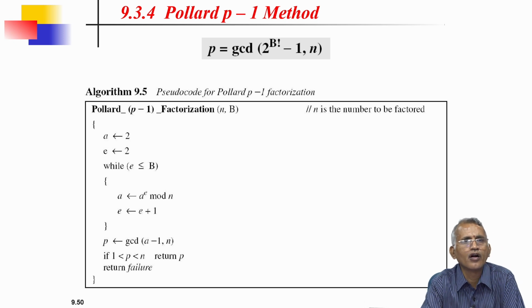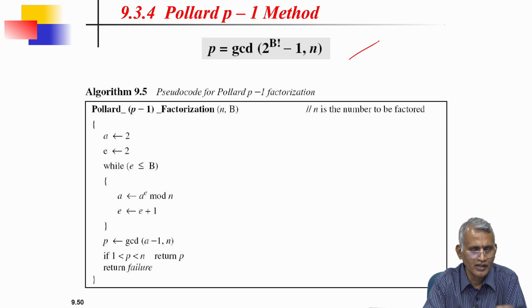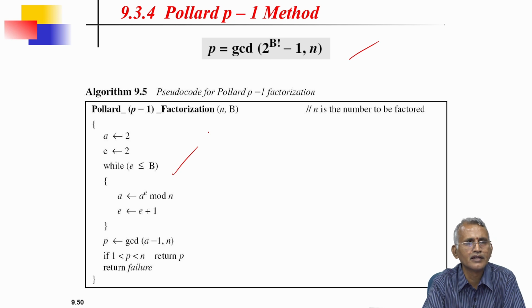Next, the Pollard p minus 1 method is nothing but p is the greatest common divisor of 2 power b factorial minus 1, comma n. The pseudocode of this p minus 1 factorization is: a equals 2 and e equals 2; while e is less than or equal to b, then a is a power e under modulo n, and e is e plus 1.